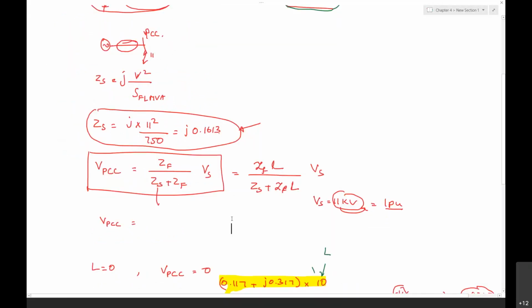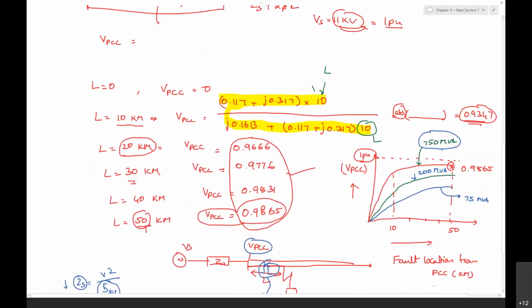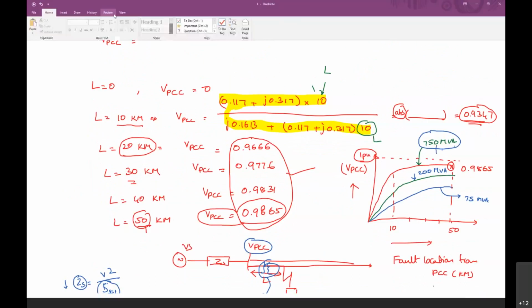Just a minute. Yeah, here we have seen it. But this is the short circuit MVA. Sorry, this is about the source MVA also.